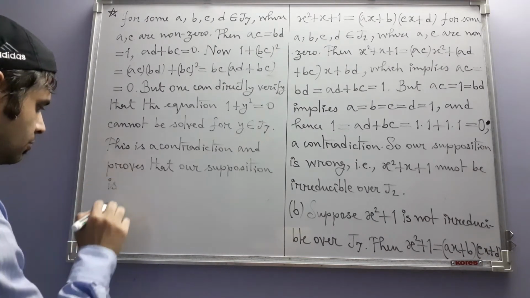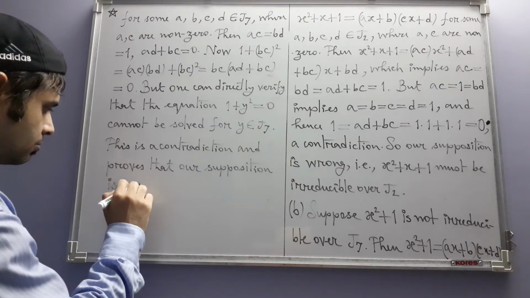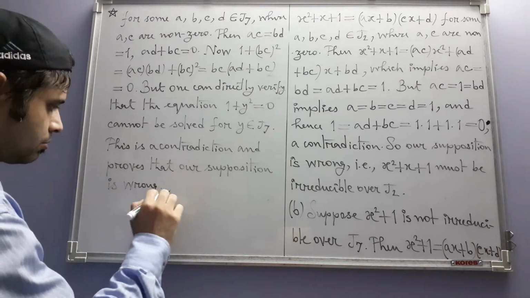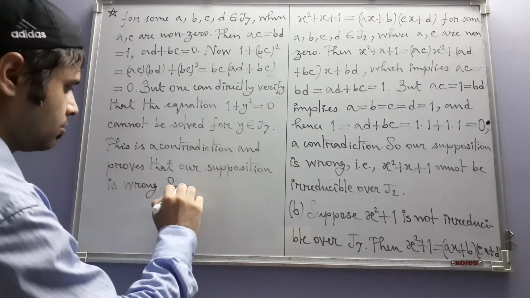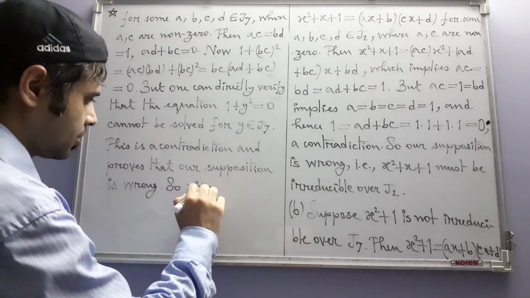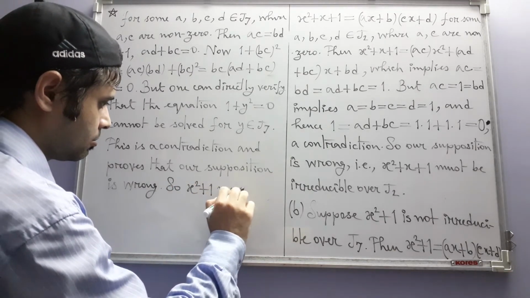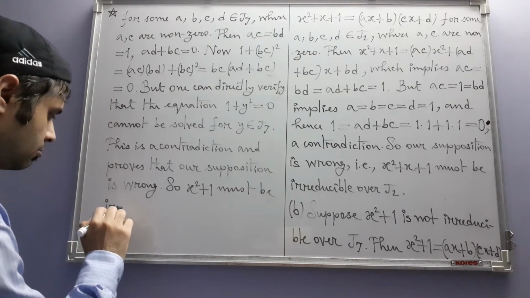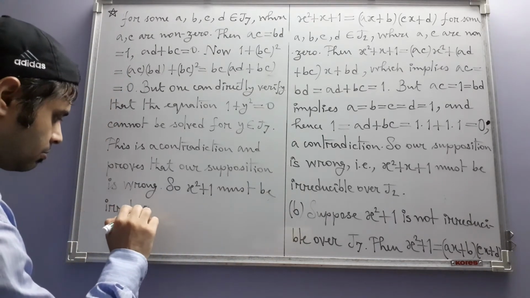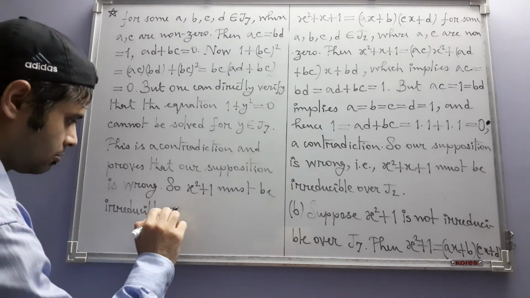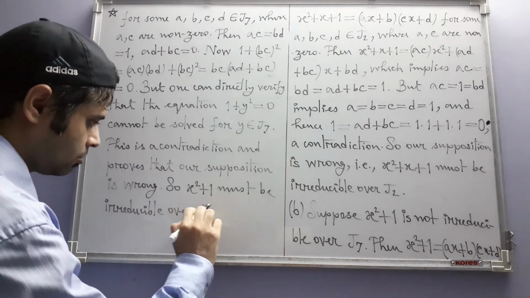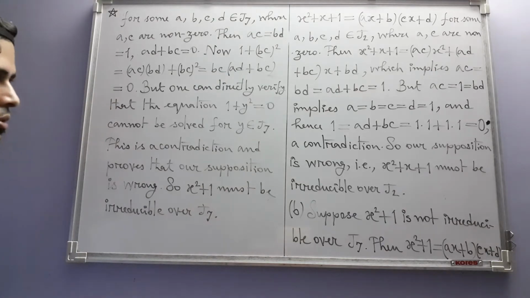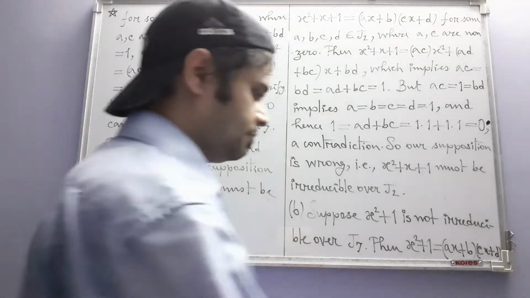So x square plus 1 must be irreducible over J7. So this is part B.